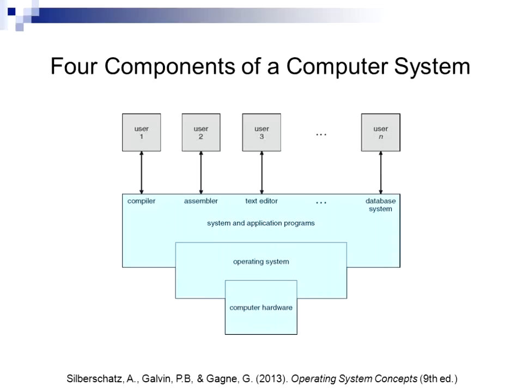So there are basically 4 different components of a computer system. I'm going to start at the bottom here and talk first about the computer hardware, which you might know is your CPU, your memory, your I/O resources, okay? And that's part of a computer system.